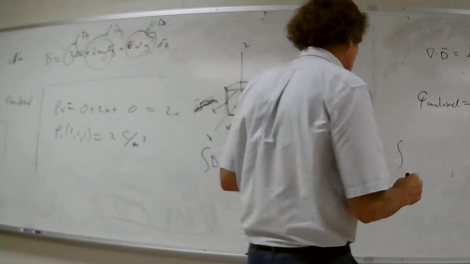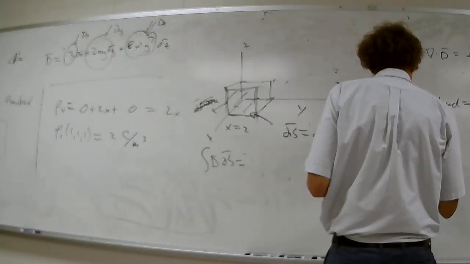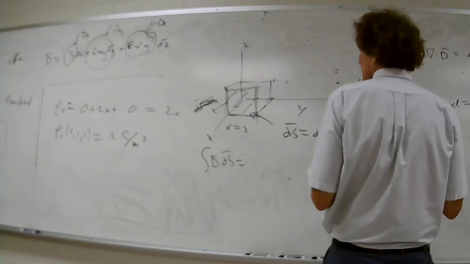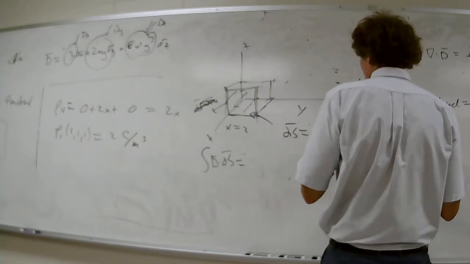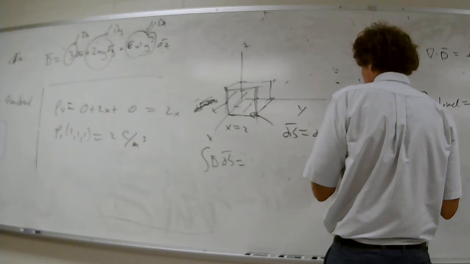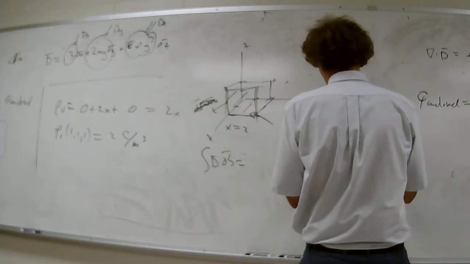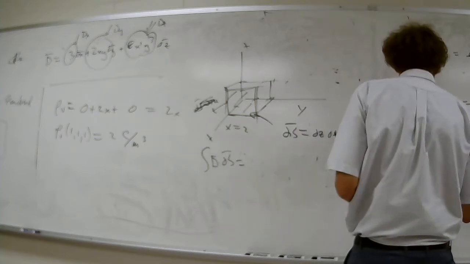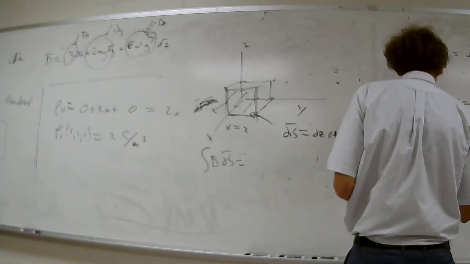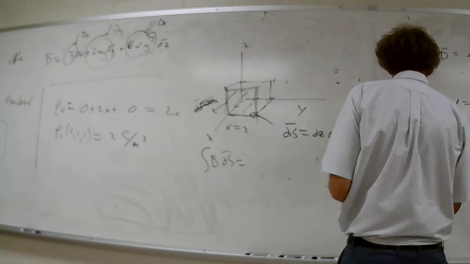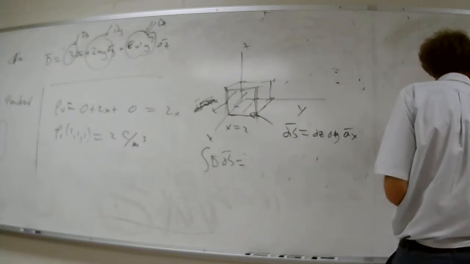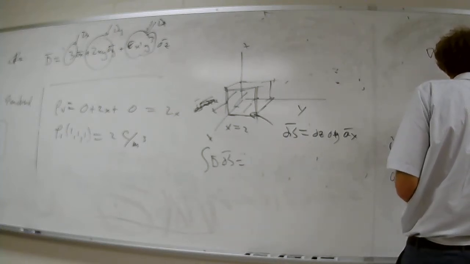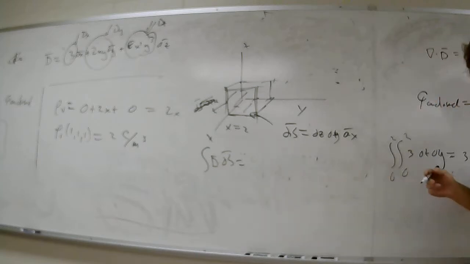So it's just going to be 3, and this is a double integral over dz dy, from 0 to 2, 0 to 2, so that's just going to be 3 times 2 squared. Y'all follow me on how I'm doing it?